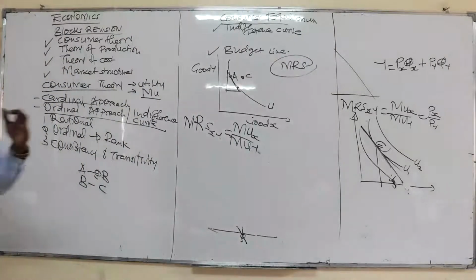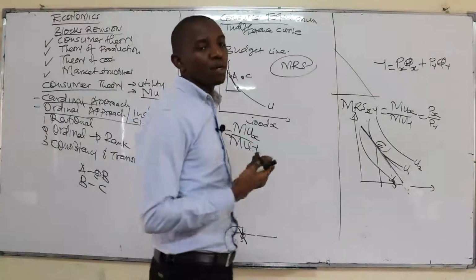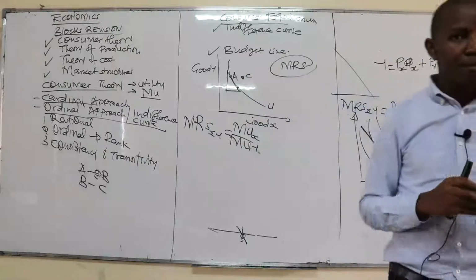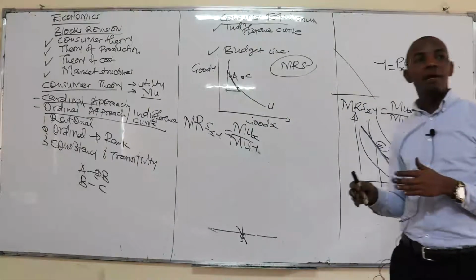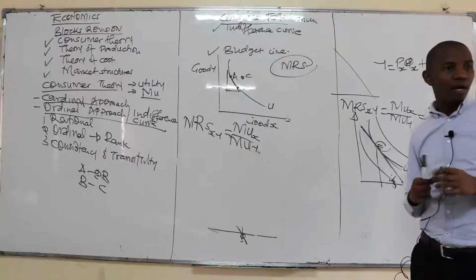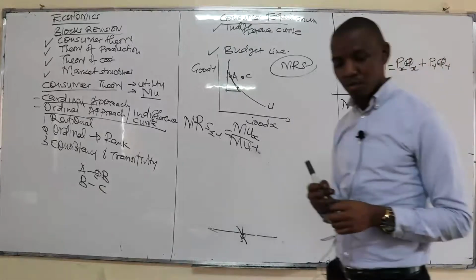And then also the effect of changes in prices on our consumer equilibrium, where they come up with what we call the price consumption curve. You also have to read on the same.